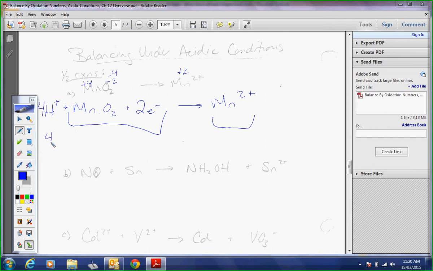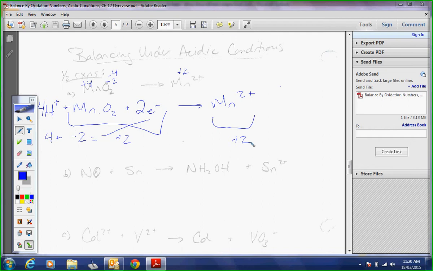So this becomes 4 pluses and -2, so that totals +2. That's pretty cool. Good. And this also totals +2. So I added H+ to balance the charge. Now I have a total of +2 on the left and a total of +2 on the right.